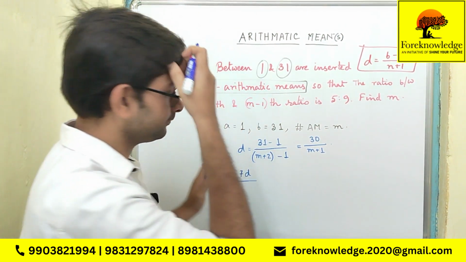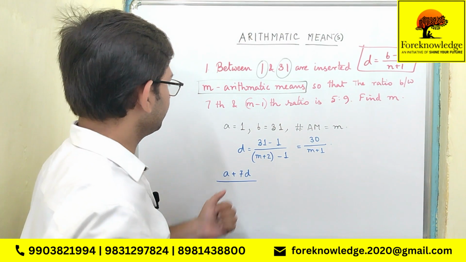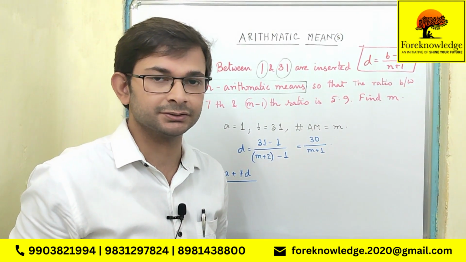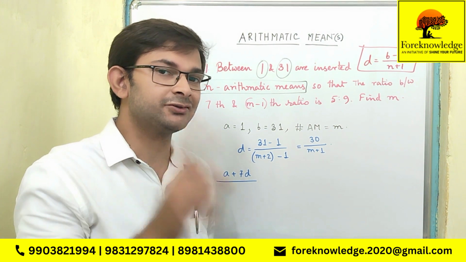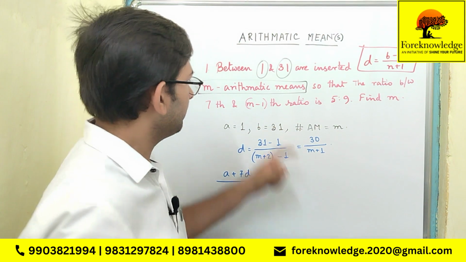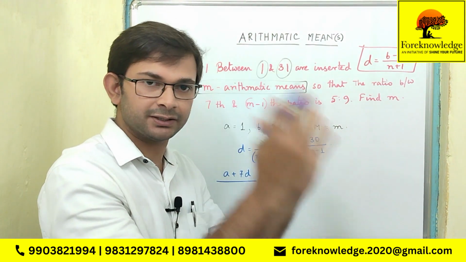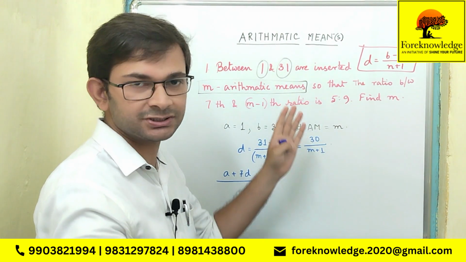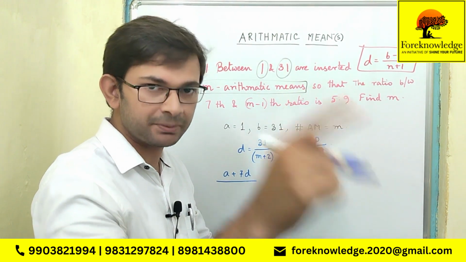Divided by the m minus 1th arithmetic mean. That means the mth term of the AP. Because m minus 1th arithmetic mean, then mth arithmetic mean, then the last term. Last term is m plus 2th term.